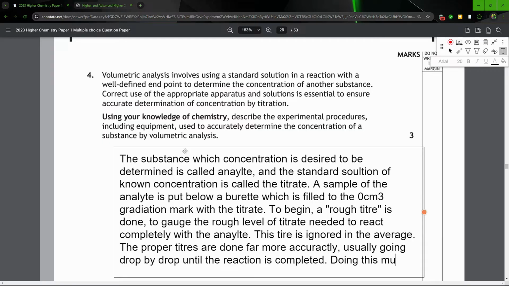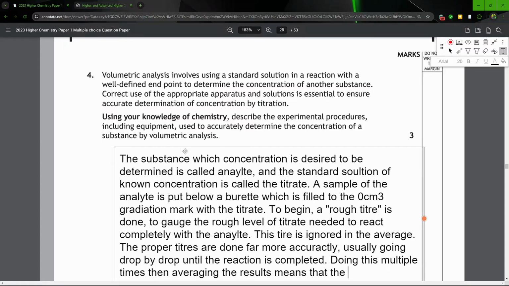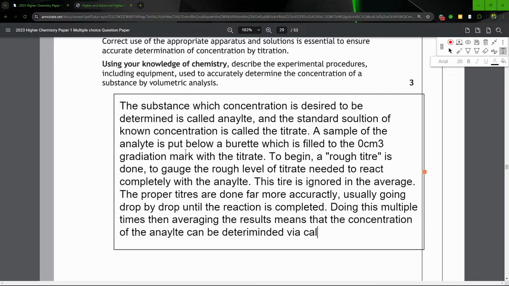Doing this multiple times, then averaging the results, means that the concentration of the analyte can be determined by calculation. Fix that.